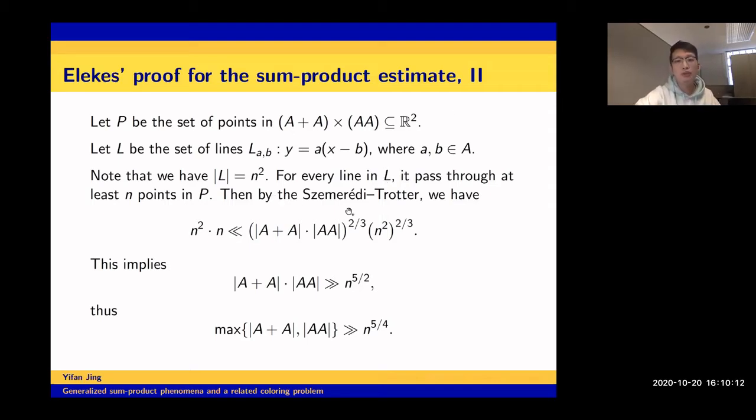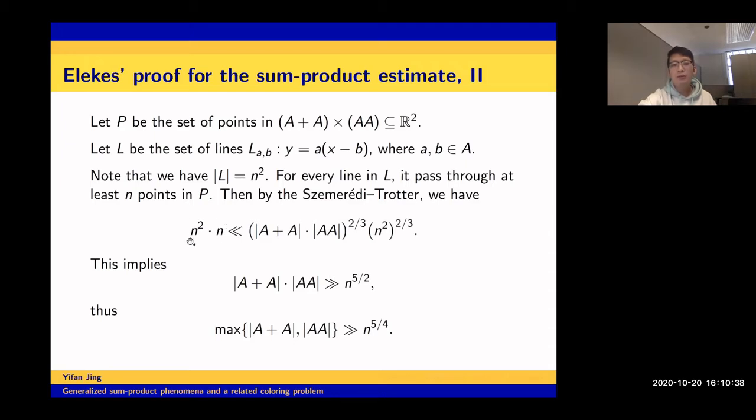Also, different lines cannot be the same line, because the slopes are different for different a. So we have n squared distinct lines and each line goes through n different points. So the number of incidences is n cubed.